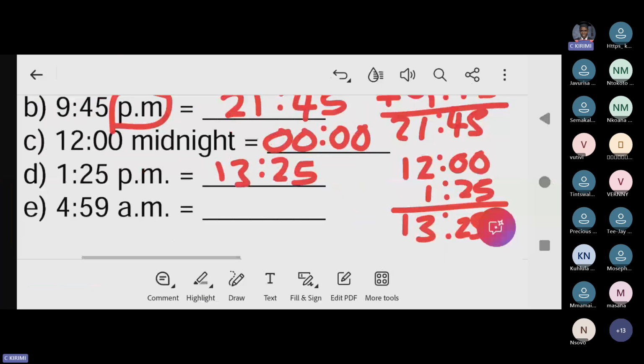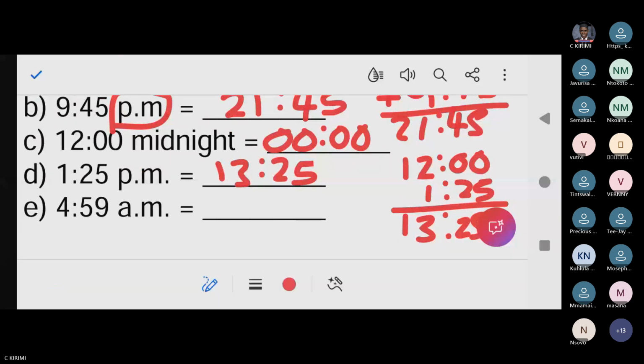All right, so for 4:59 a.m., you want to write this time in 24-hour notation. We said a.m. means in the morning, and it is past midnight by 4 hours 59 minutes.